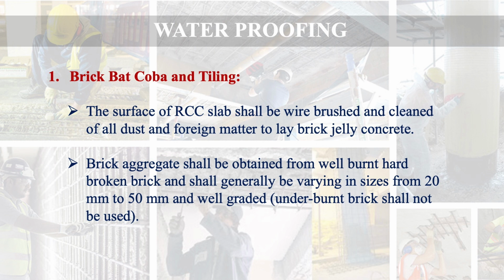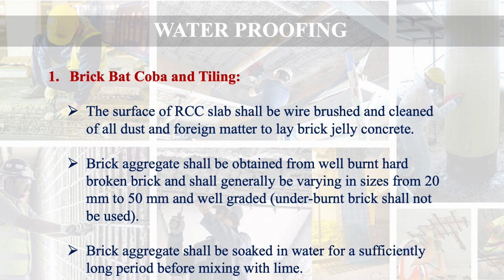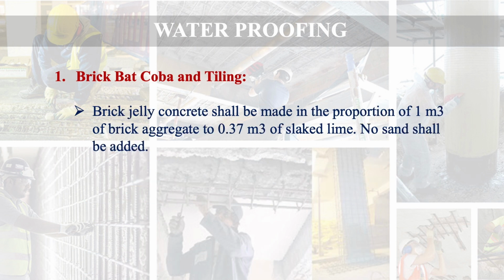Underburnt brick shall not be used. Brick aggregate shall be soaked in water for a sufficiently long period before mixing the lime. Brick jelly concrete shall be made in the proportion of 1 cubic meter of brick aggregate to 0.37 cubic meter of slag lime. No sand shall be added.